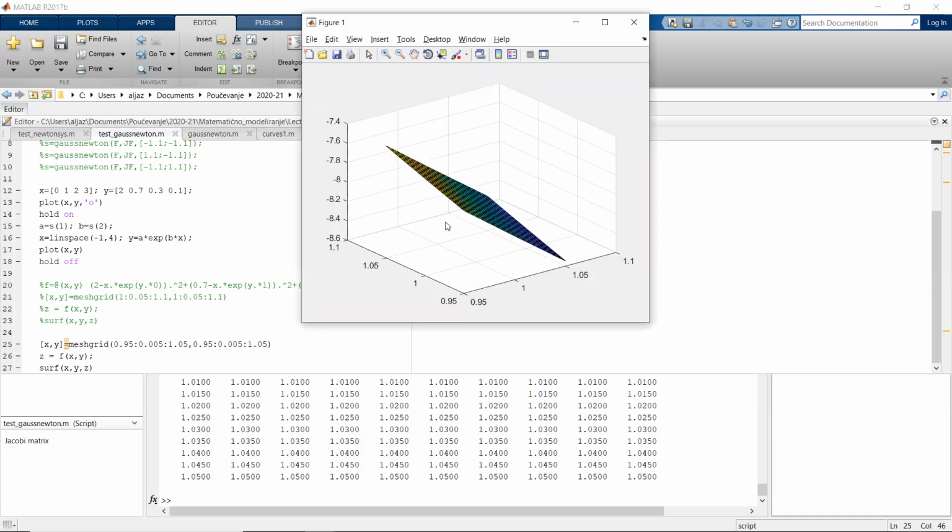So you see, this is G. We have A and B on the XY axes, and then we have the values of G of A, B. And for A and B near 1.1, the local extremum is somewhere here.